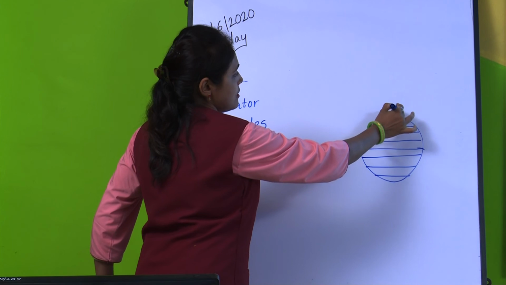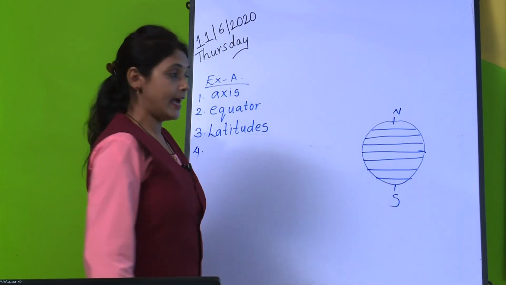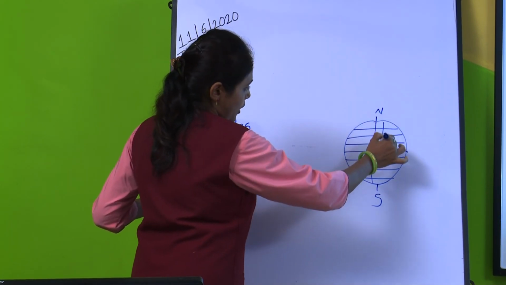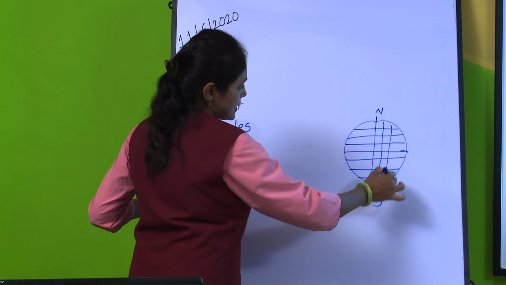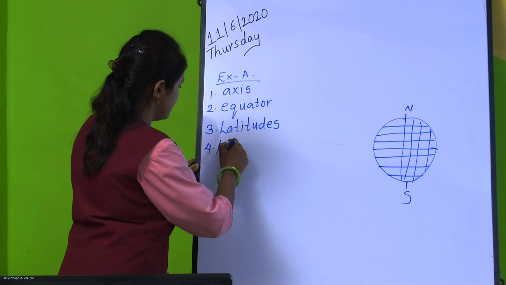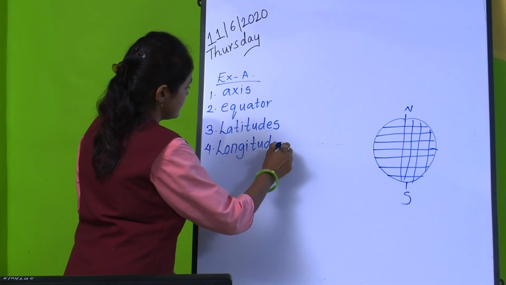Correct. This is the North Pole and this is the South Pole. The lines running between the poles, what are these lines called? They are called longitudes. Very good.